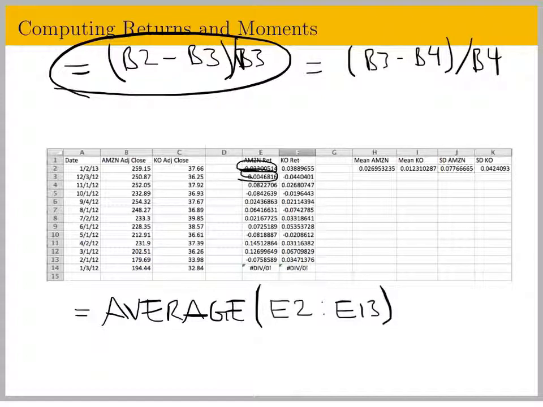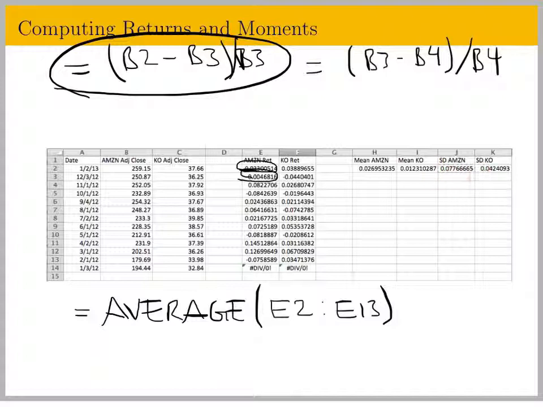And that gives me the simple average. It literally takes each one of these values, adds them together, and then we'll divide by the total number, which is 12. Same thing over here. I said average over F2 to F13, and I got the averages, which are the simple averages.